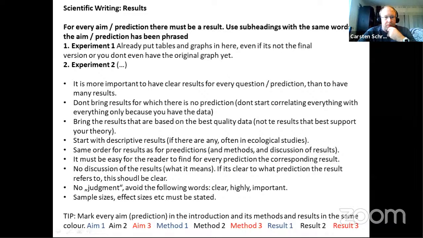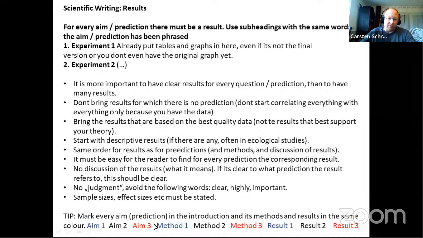So one tip, especially for the first version of your manuscript, is that you might want to mark your aims, methods, and results always in the same color. So if you have aim 1 in blue, the methods to aim 1 in blue, and the results of aim 1 in blue, then for aim 2 you use black, and for aim 3 red.